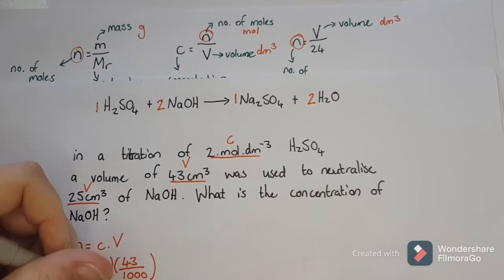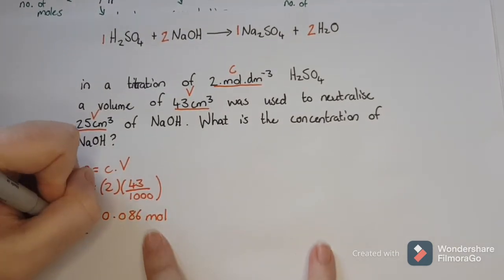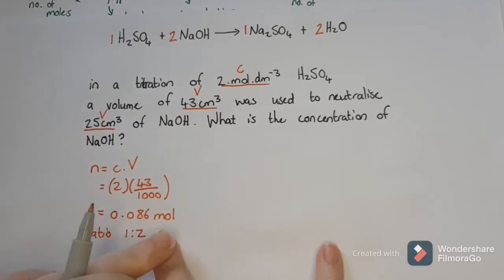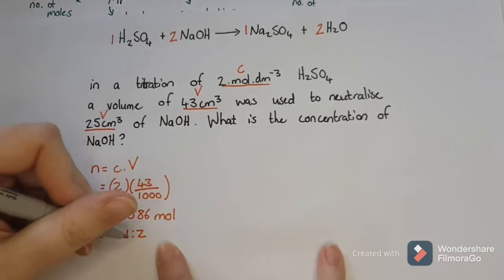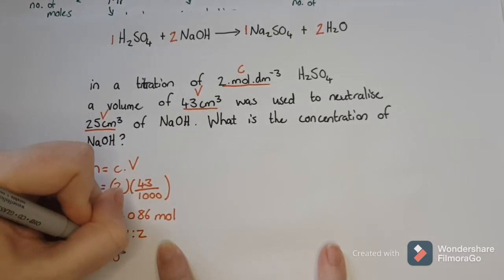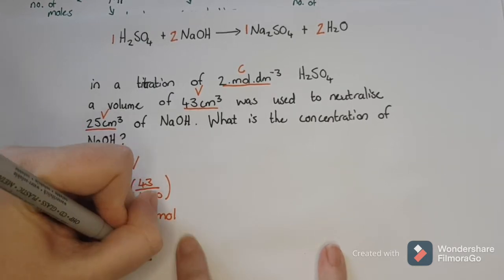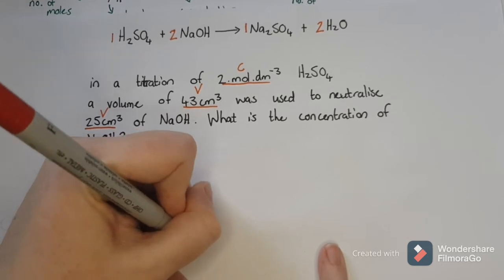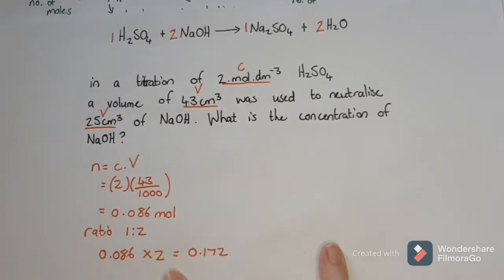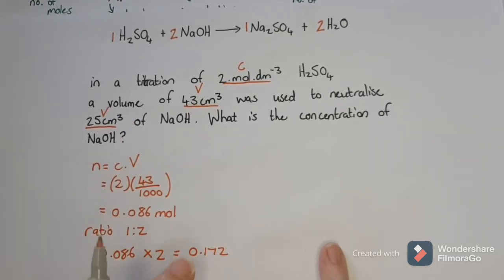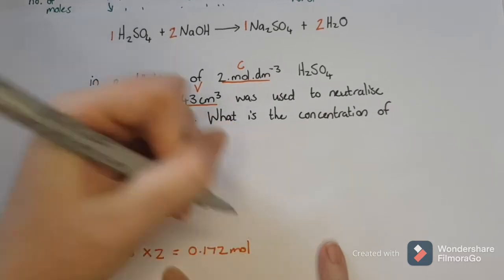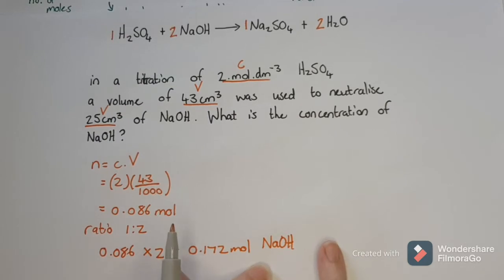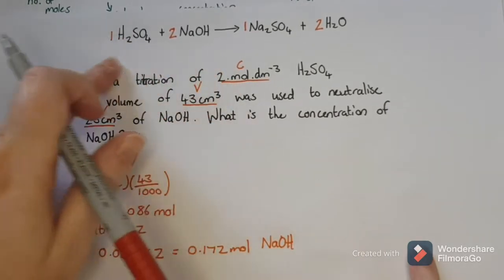Because the ratio is 1 to 2, I'm going to say 0.086 times 2 to give me an answer of 0.172 moles for the sodium hydroxide because of my equation ratio.